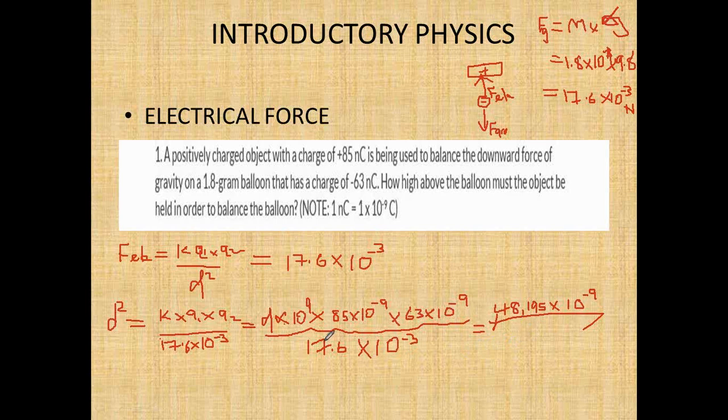Did I make a mistake? So this is a 9, this is 85 and that's 63. So this is 17.6 times 10 to the minus 3.